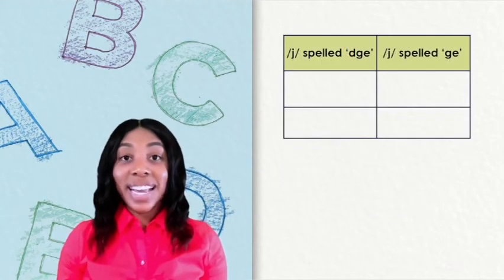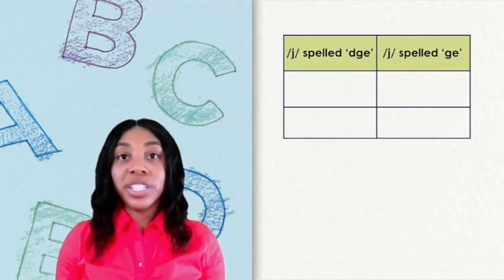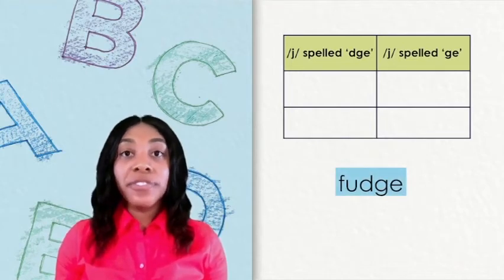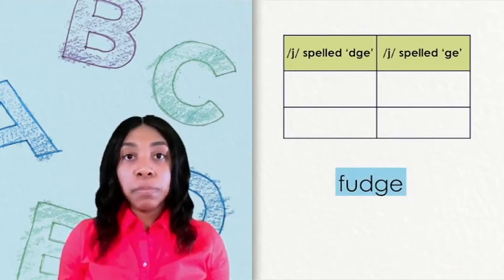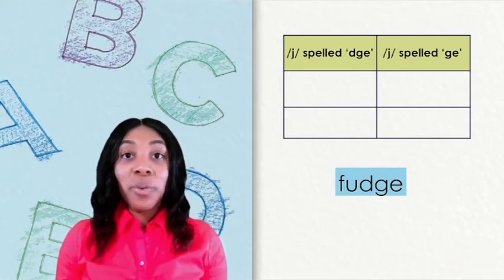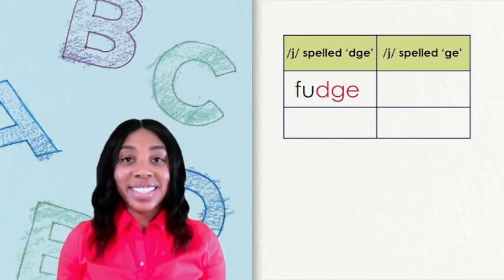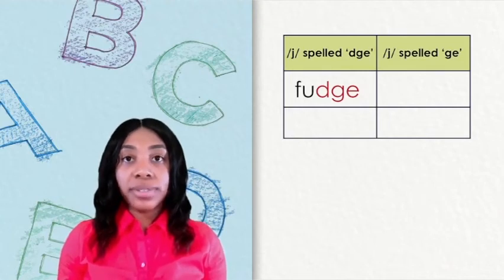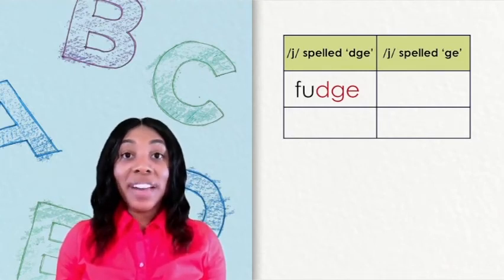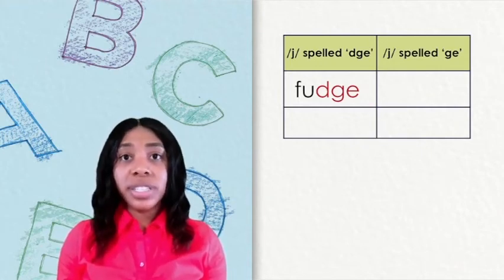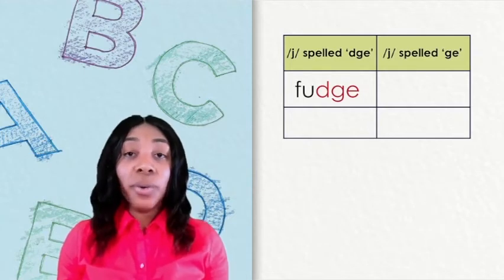D-G-E. Let's see if we can figure out when to use G-E or D-G-E for the J sound at the end of a word. We have the word fudge. Which J spelling did you see for the word fudge? We have D-G-E at the end. Did you hear a short or long vowel before the J sound? We have a short U. Maybe that's a rule that we could use to determine if we use D-G-E or G-E.